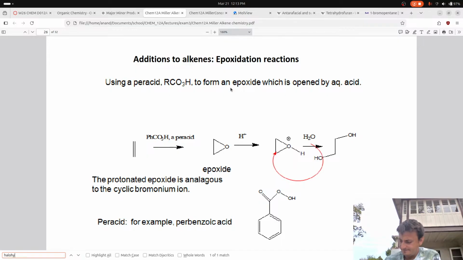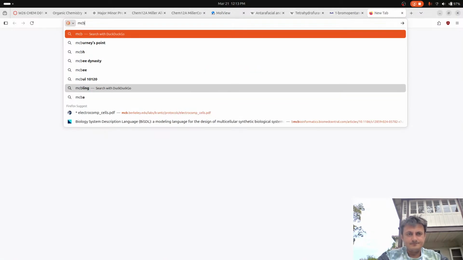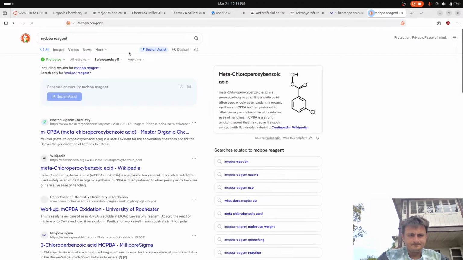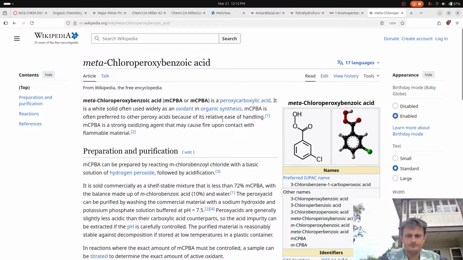So using a peroxy acid, isn't there that weird one? Okay, so I was right that this is the mCPBA thing.